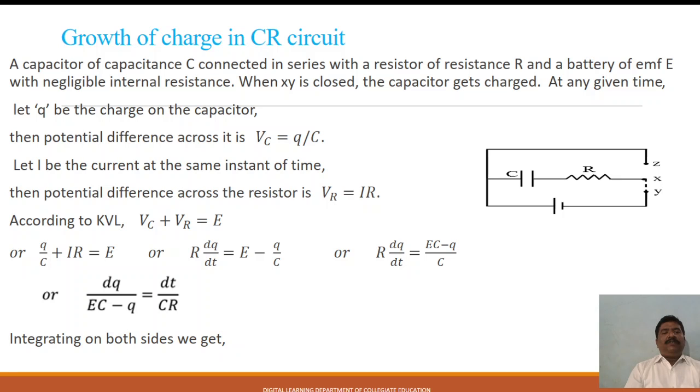Before knowing the concept of growth in a CR circuit, we already saw in the last session the LR circuit, that is inductance and resistance in series. In both cases, there is growth and decay.